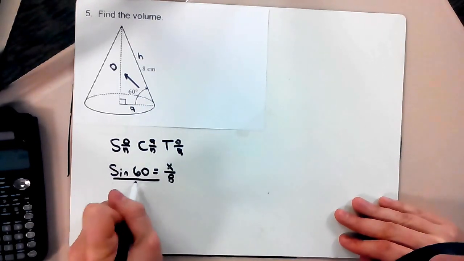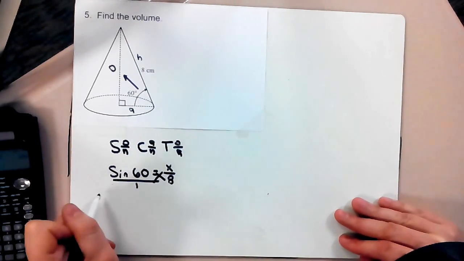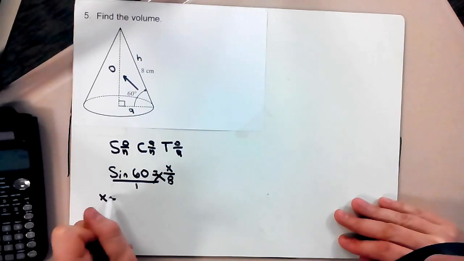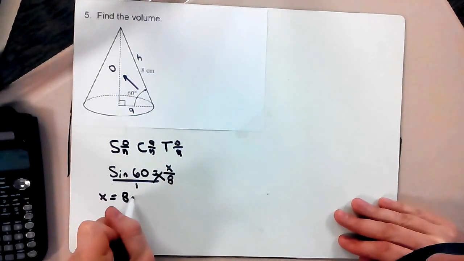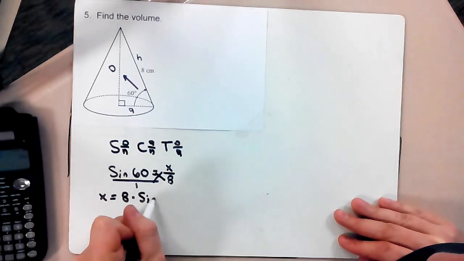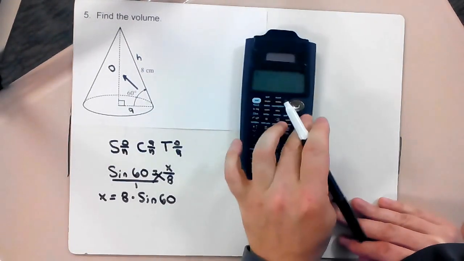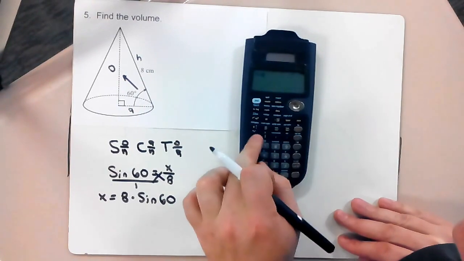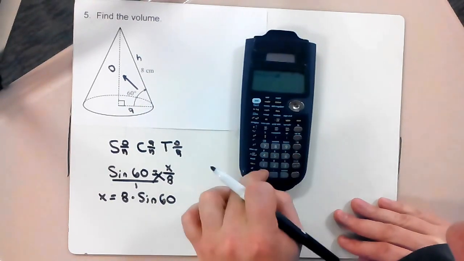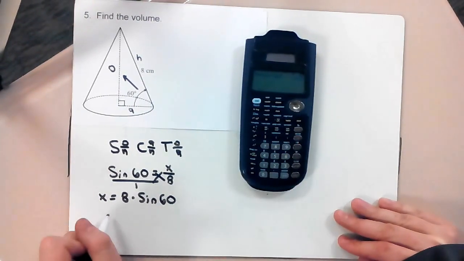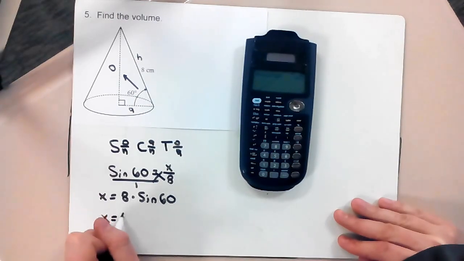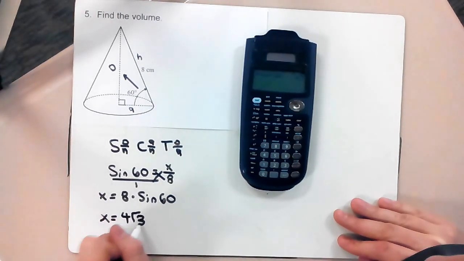And I'm going to cross multiply. So I have x equals 8 times sine 60. I'm going to plug that into my calculator. 8 times sine 60, and I get x equals 4 square root 3.